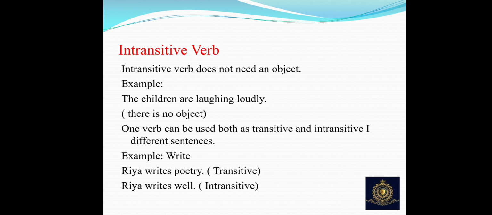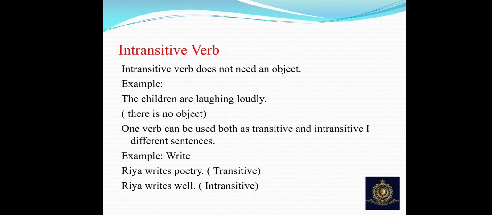There is no object. That's why the verb used in this sentence is intransitive. So if the sentence has an object, the verb used is transitive, and if the sentence does not have any object, the verb used is intransitive.